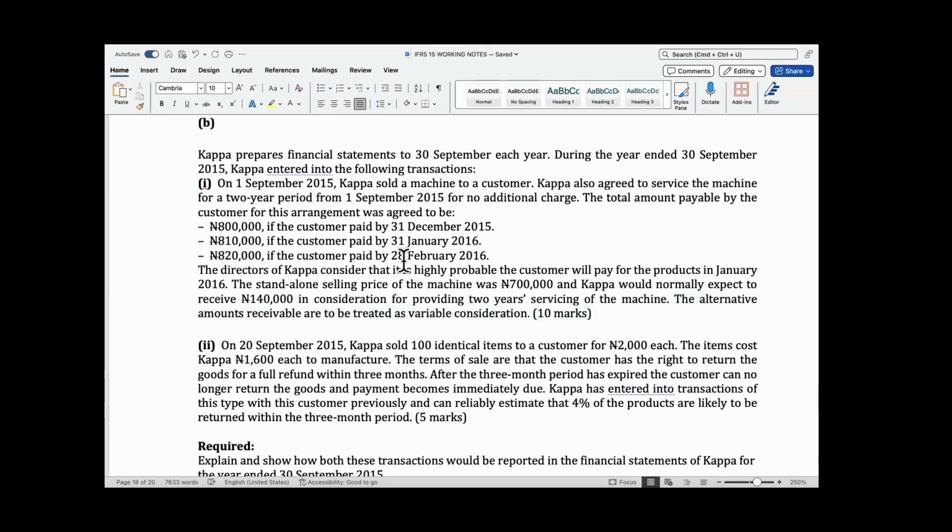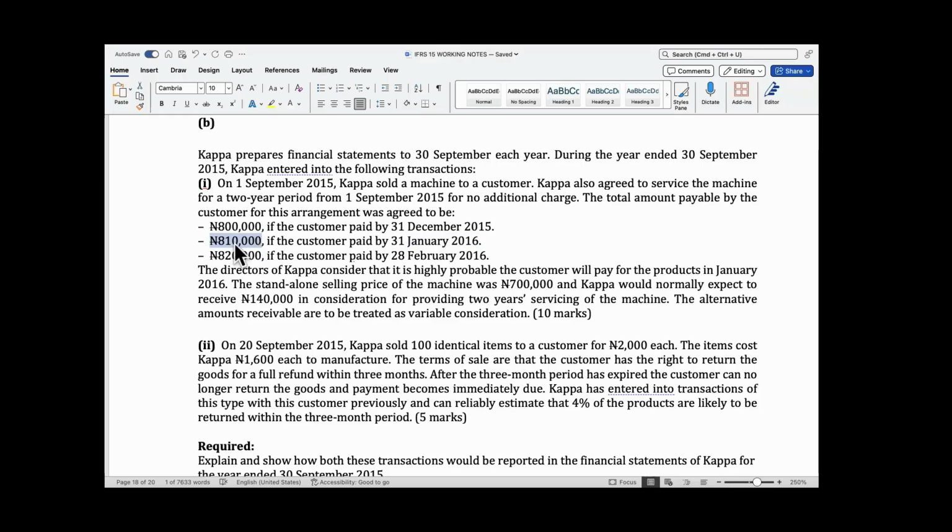Fine. Since the question has told us that the customer is paying on 31st of January, that means this is the money we will receive. 810,000 is the consideration expected, and that's what we're going to recognize as revenue in our books.